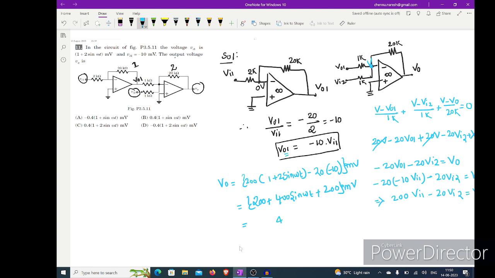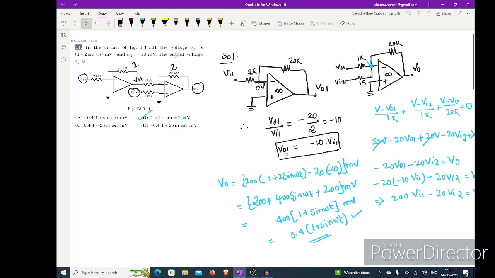Means 400 times (1 plus sin omega t) in millivolts. It is actually 0.4, so V0 is 0.4 times (1 plus sin omega t). So this is our answer for this question.